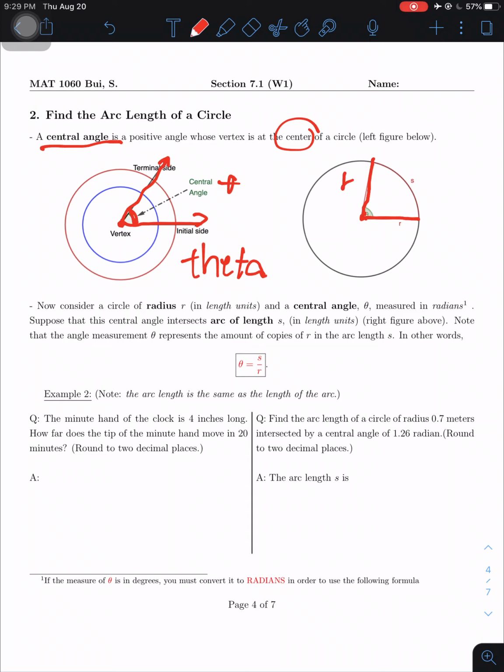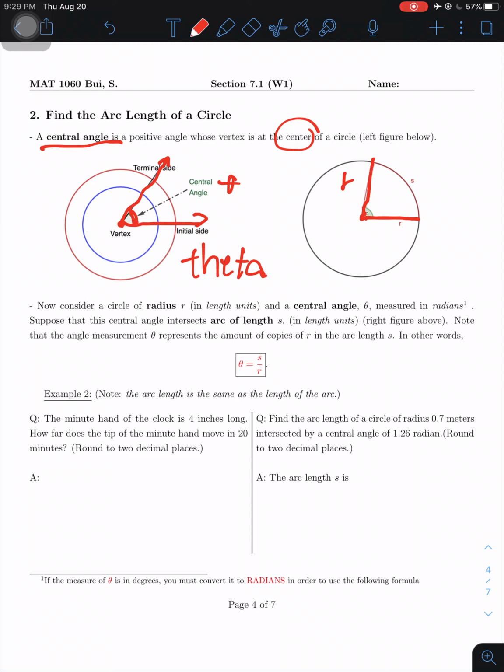All the radii, the right term for the plural of radius, should have the same measurement, because it's the same distance from the center to any point on the circle. If one of the radii is not the same as the others, then we're not going to have a circle. It's going to be an ellipse or an oval or something like that, but it's not going to be a circle anymore.